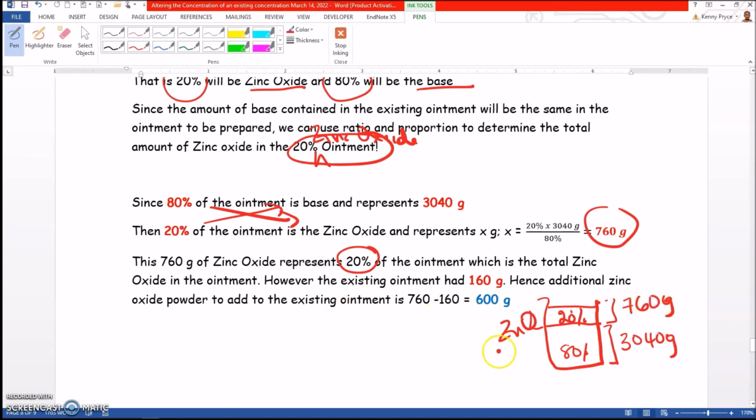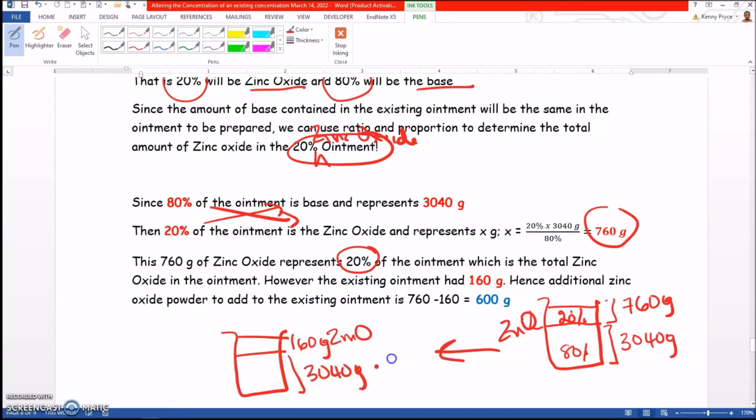But if we recall what we had at the beginning, it was 160 grams of zinc oxide and 3040 grams of base. And essentially, we're adding zinc oxide powder to the existing ointment, because this would have been 5% and this would have been 95%.